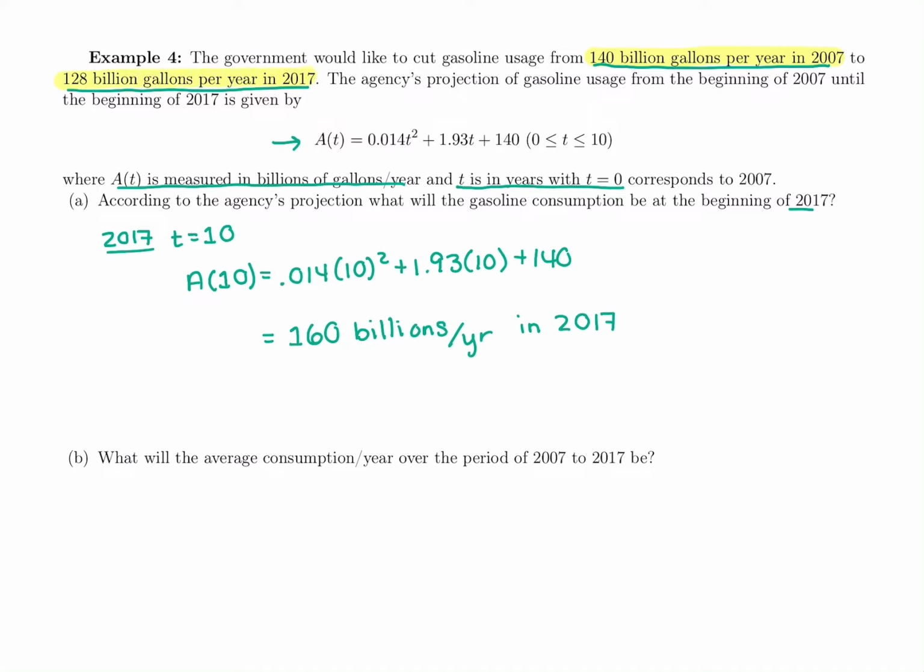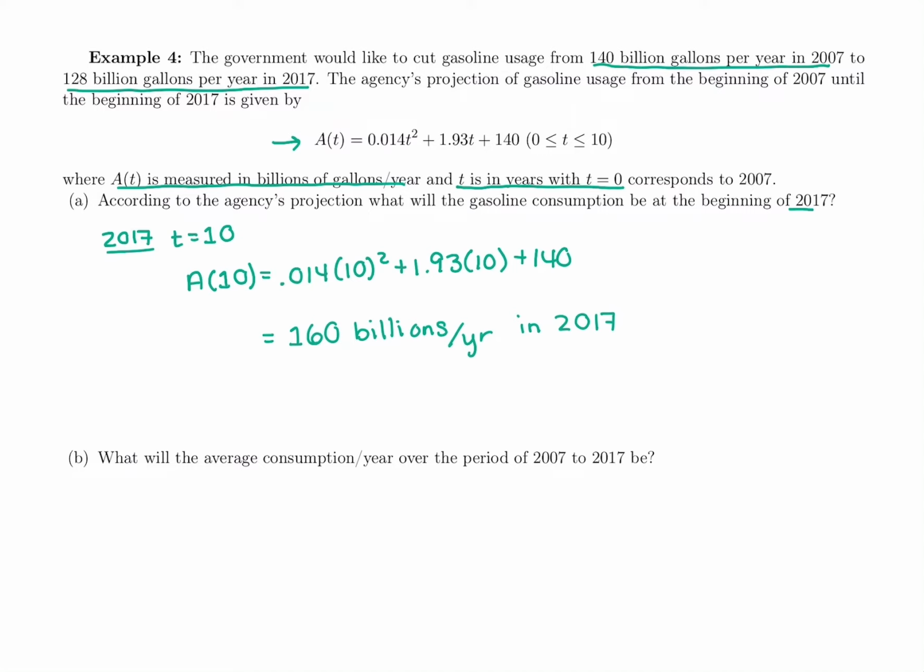What actually happened is they went up to 160 billion gallons per year in 2017. So this government is not really being successful in the gasoline usage goal. That's okay. We answered the question.